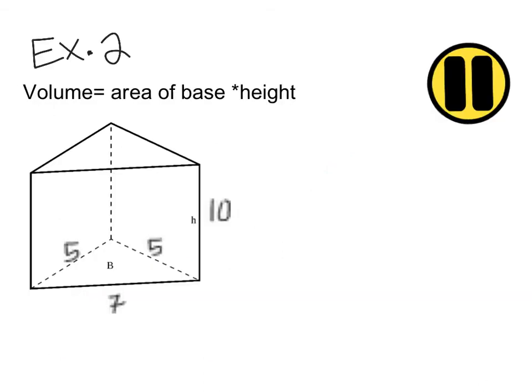All right, so for example 2, let's do a triangle. Go ahead and give it a pause and see if you can find the volume of this triangular prism. And we're assuming that it's a right triangle on that triangular prism.